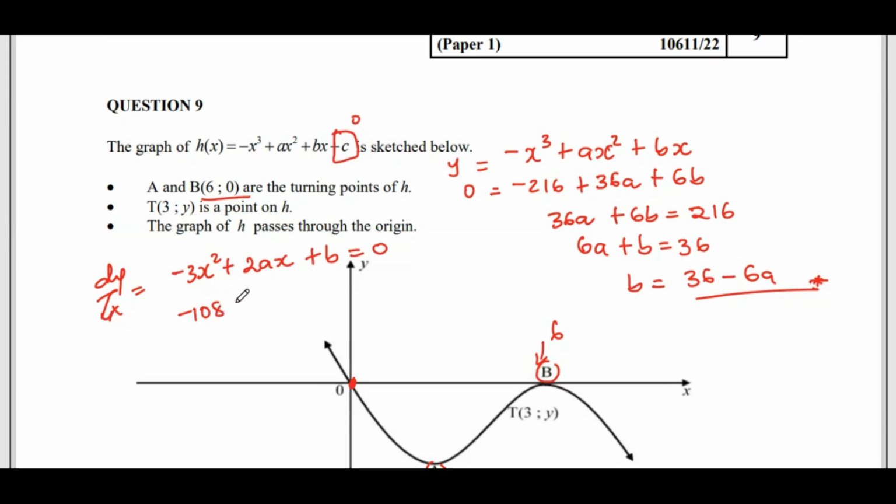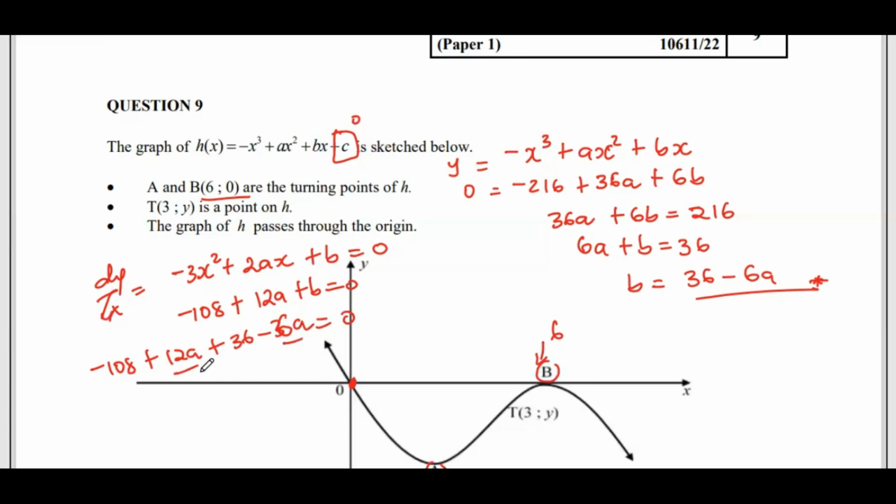It's negative 108 plus 2 times 6, which is 12a, plus b, must give us 0. But we said our b is this. So negative 108 plus 12a plus 36 minus 6a must give us 0.